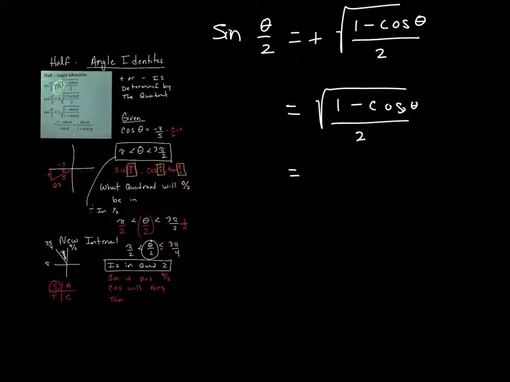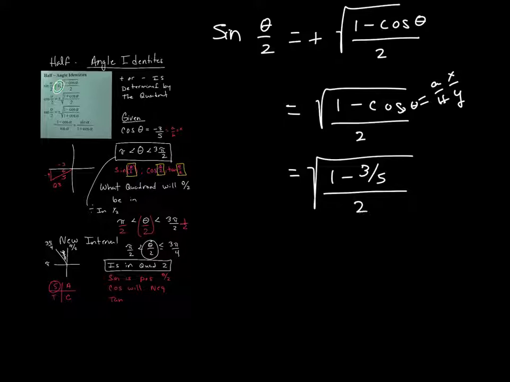So what is a cosine equal to? Cosine is equal to the adjacent over the hypotenuse, or the x over the hypotenuse. My x value here becomes 1 minus, that's 3 over 5, all divided by 2.